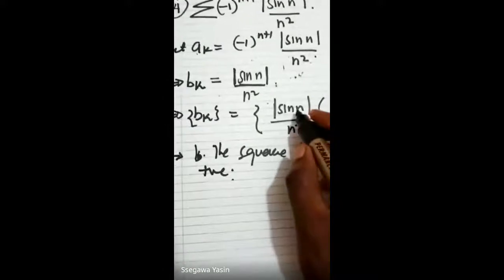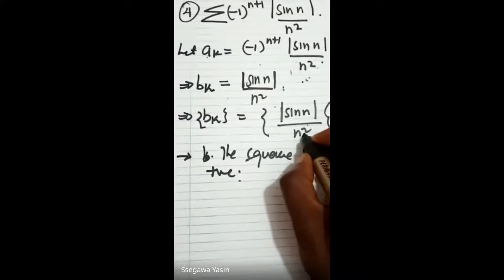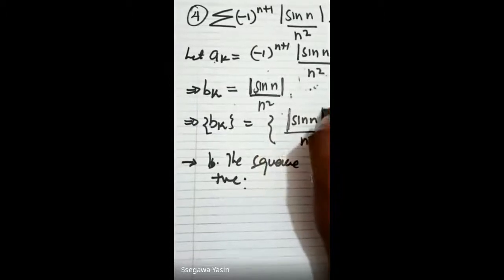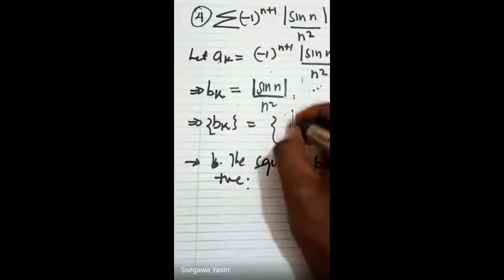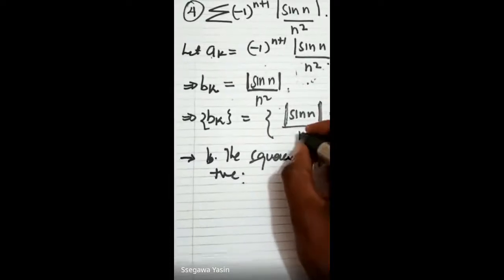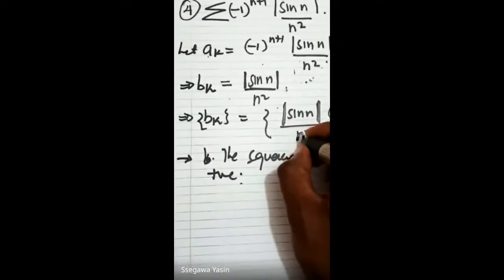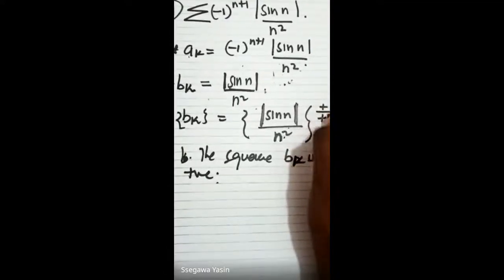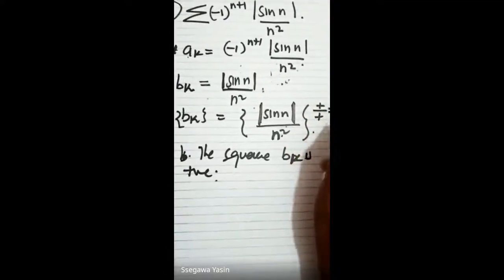When you substitute here, it will produce a positive answer. Any value of sine which may produce a negative, the magnitude will help us turn it to positive. N squared is positive, meaning that we are dividing positive over positive, and this answer will be positive anytime.